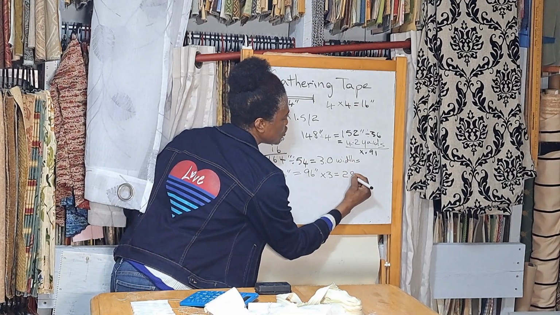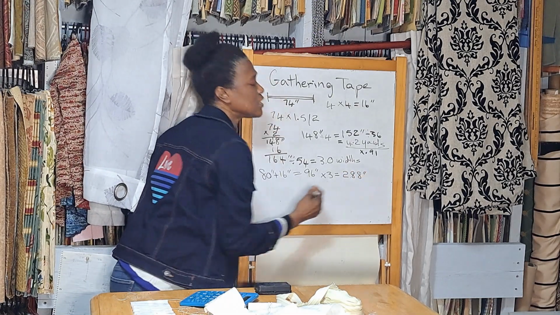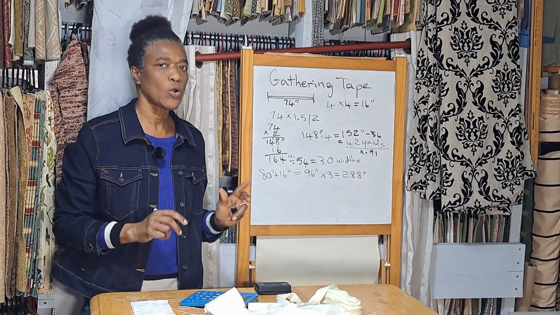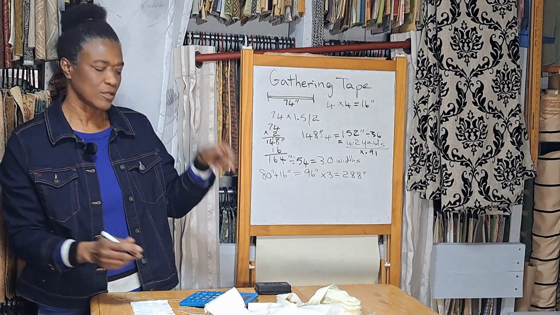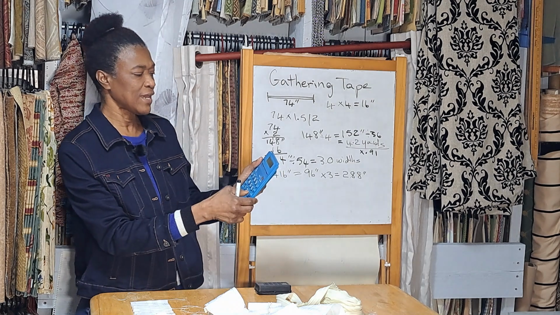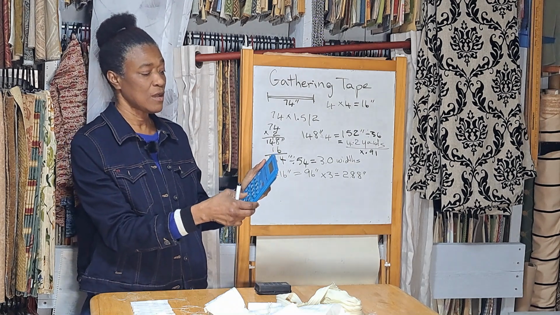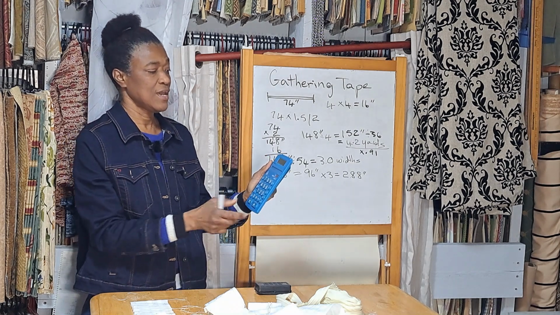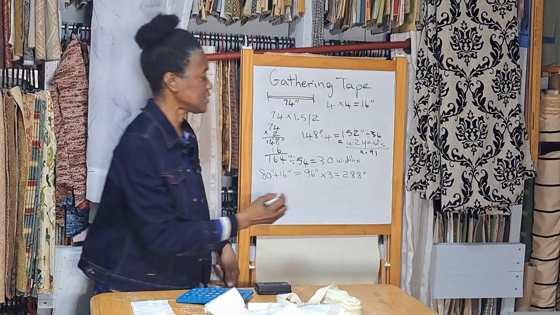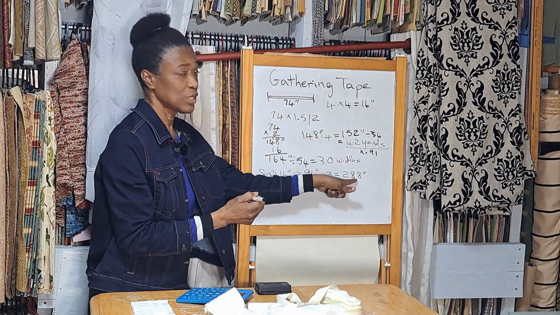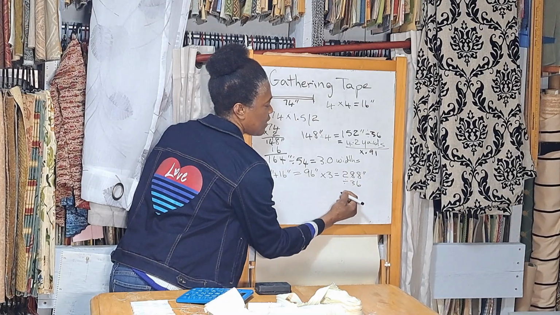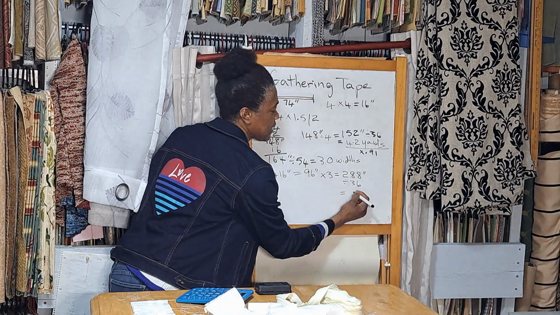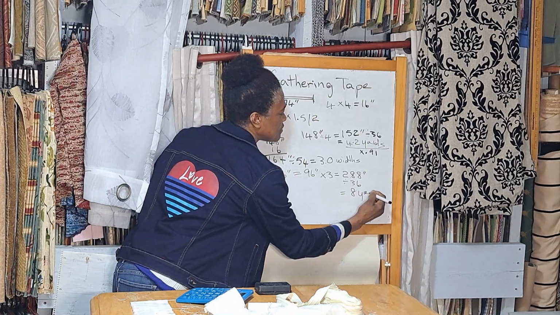So that's 288 inches. So in order to find out how many yards of fabric we will need, we divide the 288 by 36. 288 divided by 36 is 8 yards.